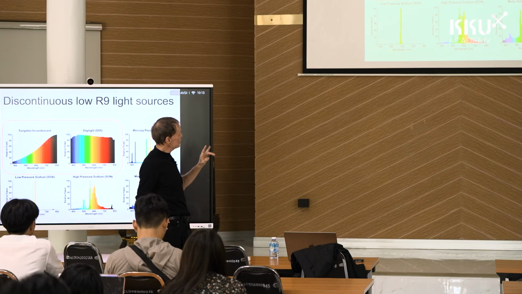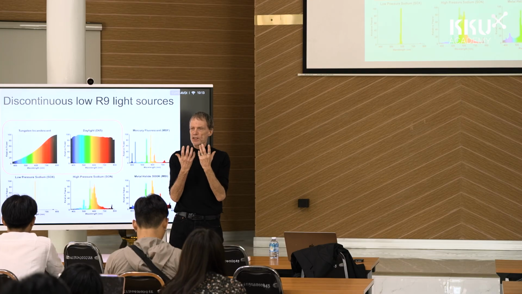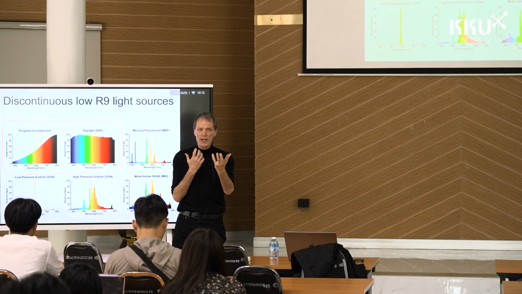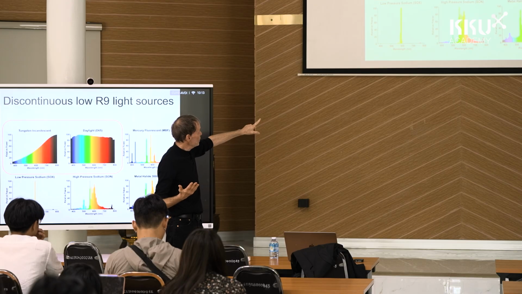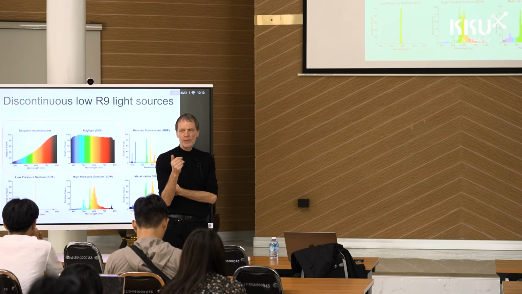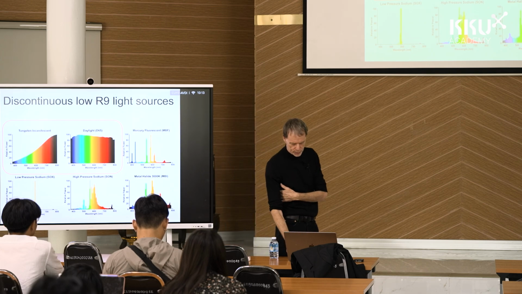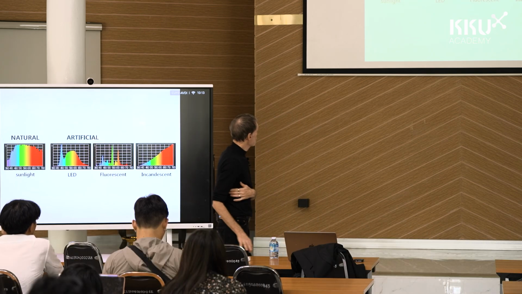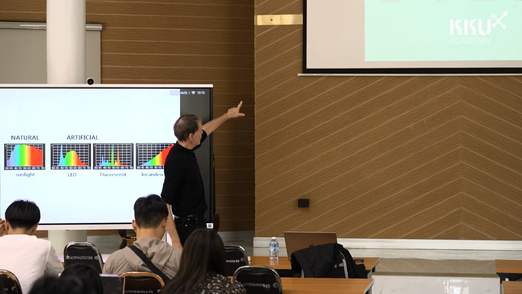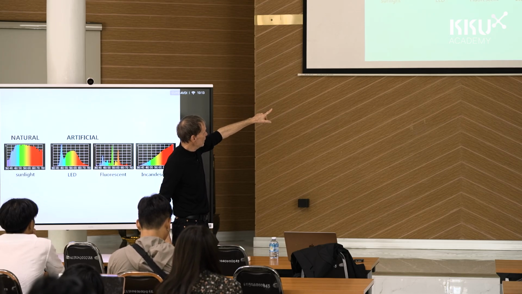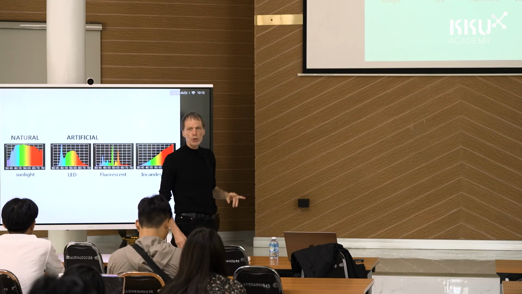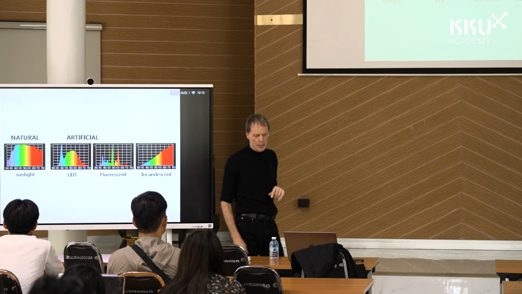So my thesis is that there's a disconnect here: we have original design intent under incandescent and daylight, but what we're lighting temples with today is discontinuous light sources that have what is called low R9, and I'm going to get into what that means. So we have natural light, we have LED, we have fluorescent, and we have incandescent. The middle 2 are discontinuous spectra.